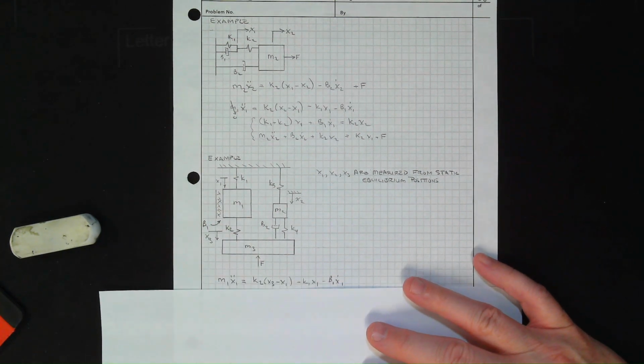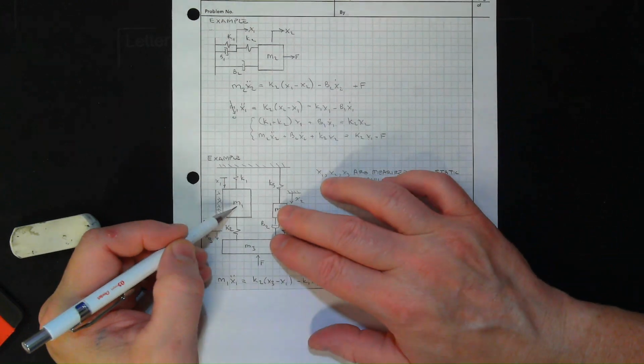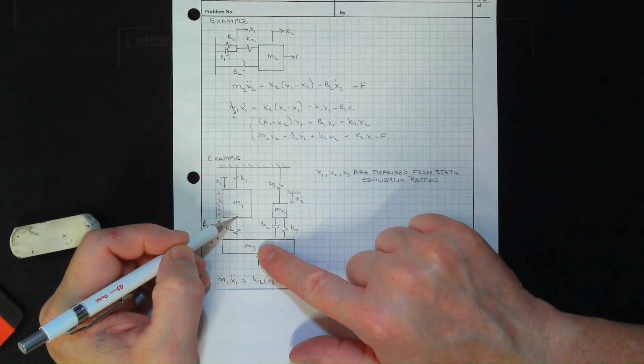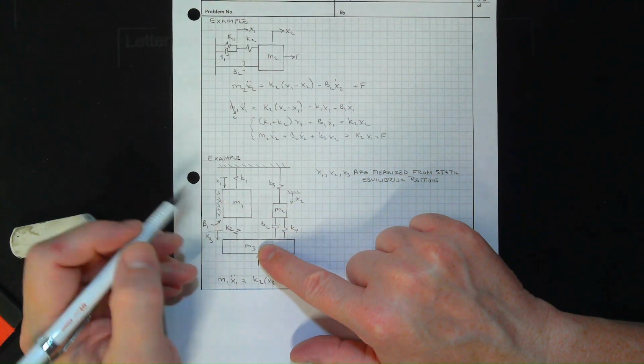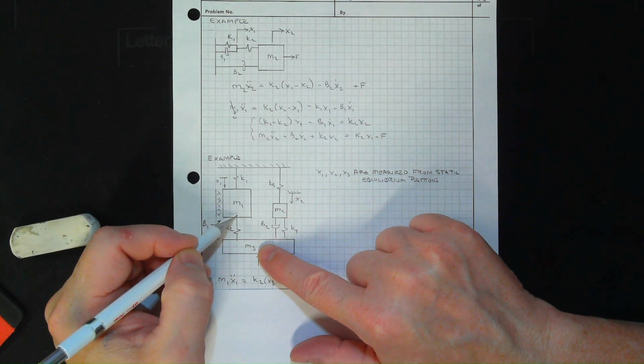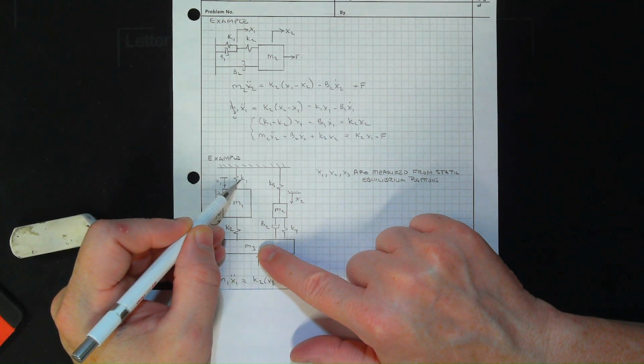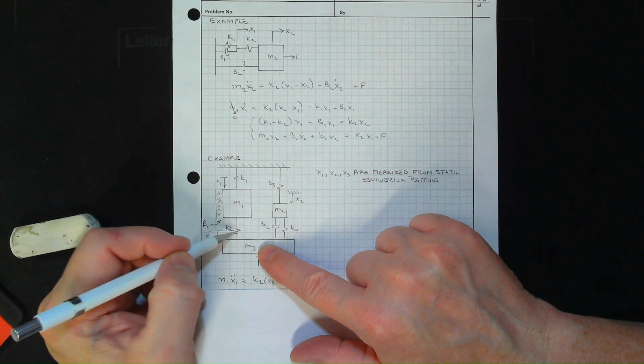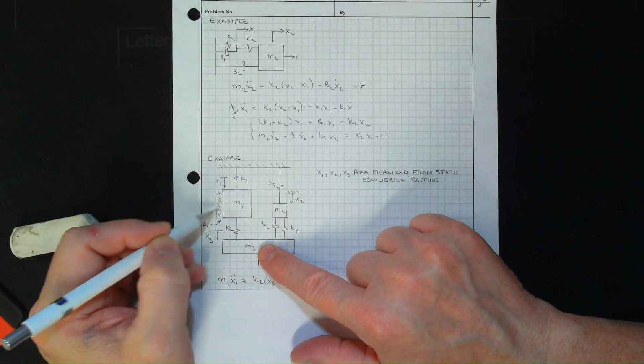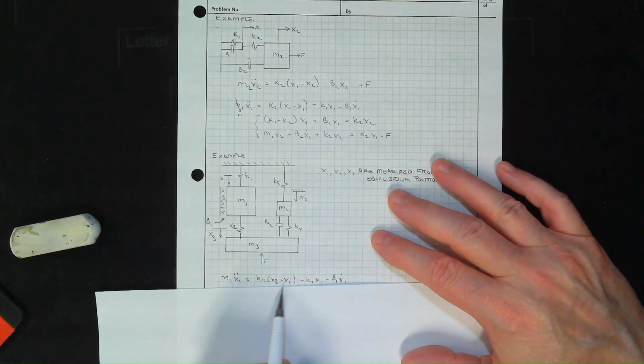So we just have mass 1, 2, 3. Let's start with mass 1. We move mass 1 in a positive direction, holding mass 3 constant. As this goes this way, we have a minus K1 X1, a minus K2 X1, and a minus B1 X1 dot. And here they are.